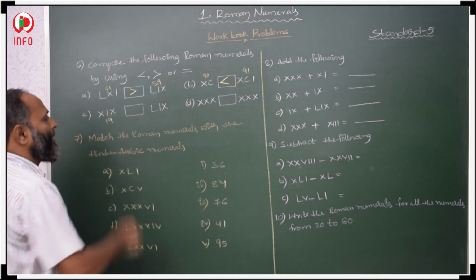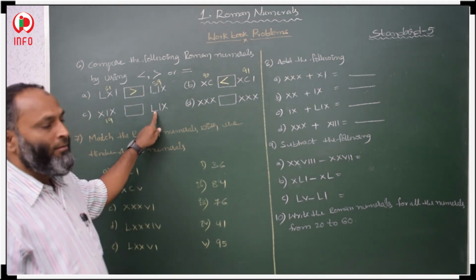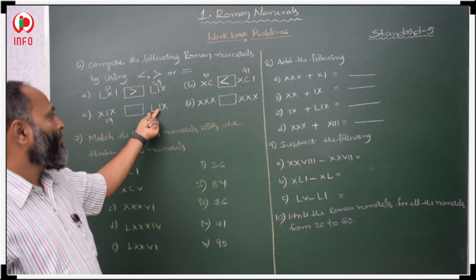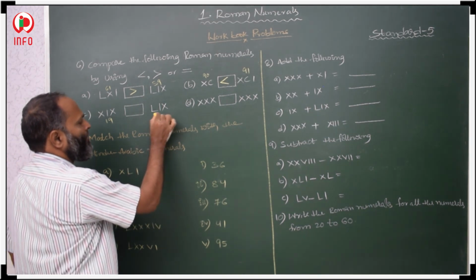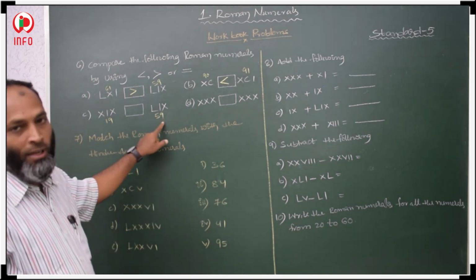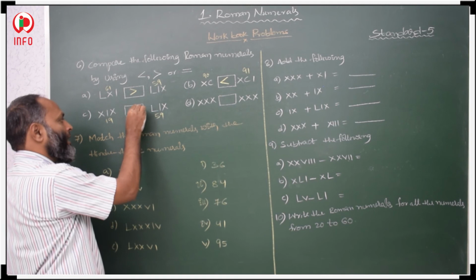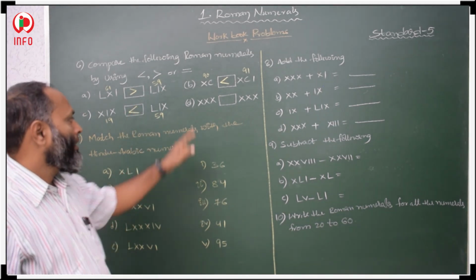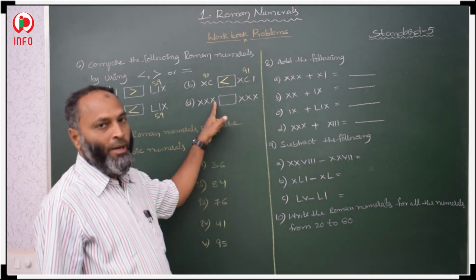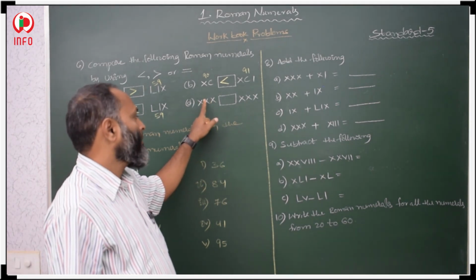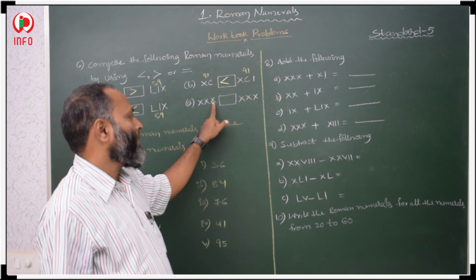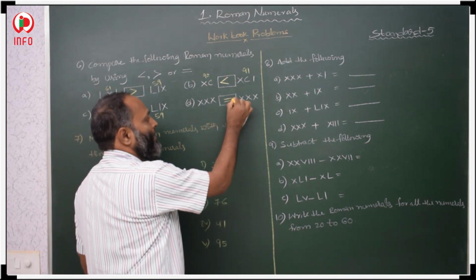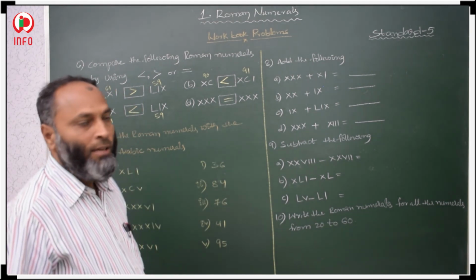This represents 19. L means 50, IX means 9. 50 plus 9, 59. 19 and 59. So 19 is less than 59. X means repeated Roman numeral, add. 10 plus 10, 20, 20 plus 10, 30. Here also the same, 30. Both are equal.